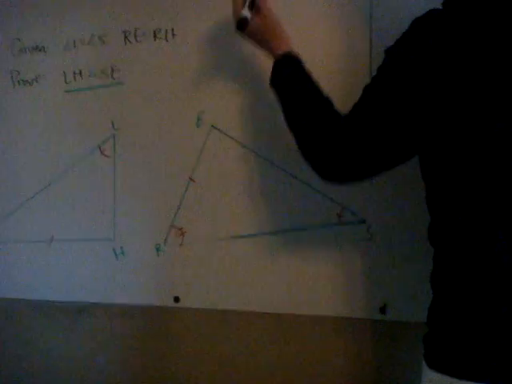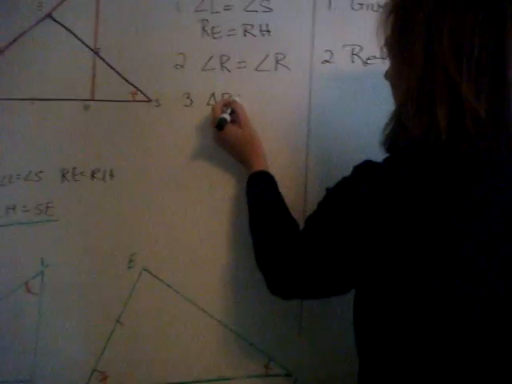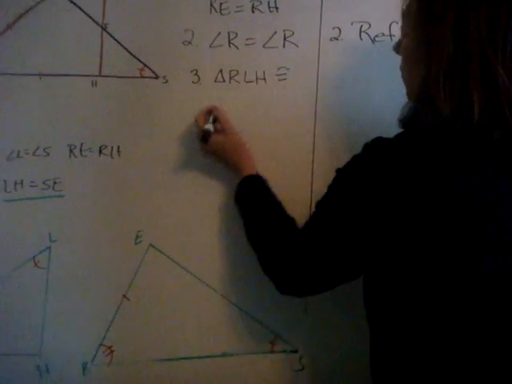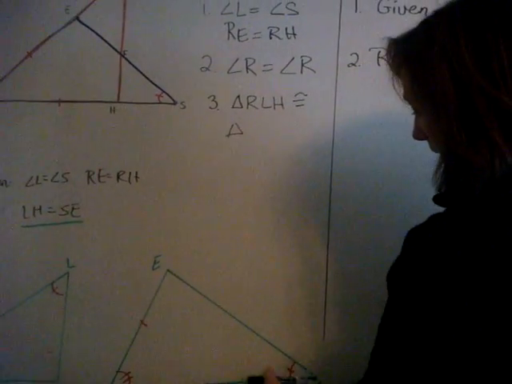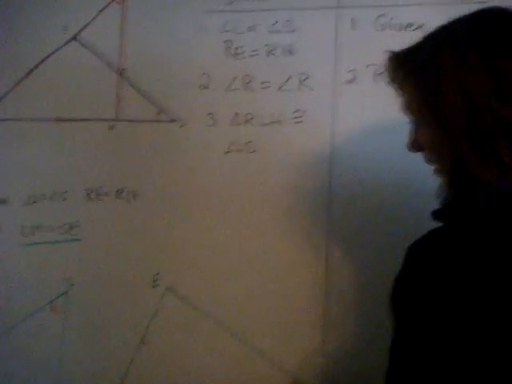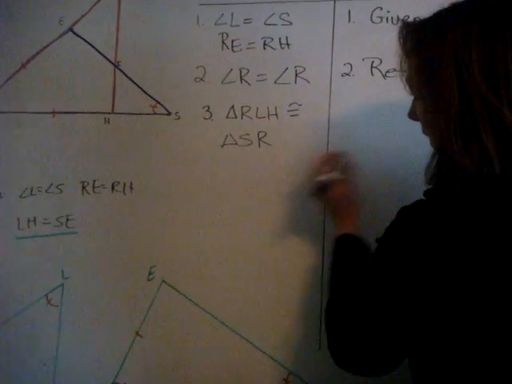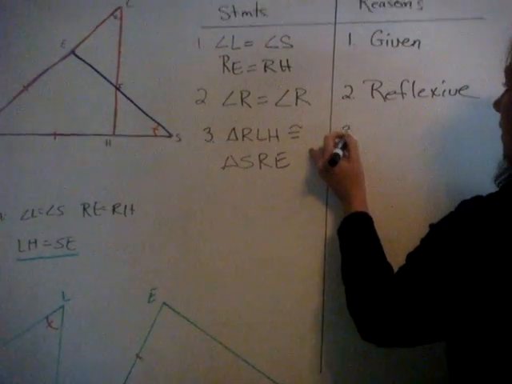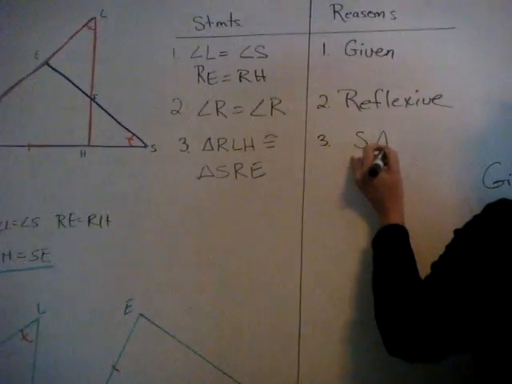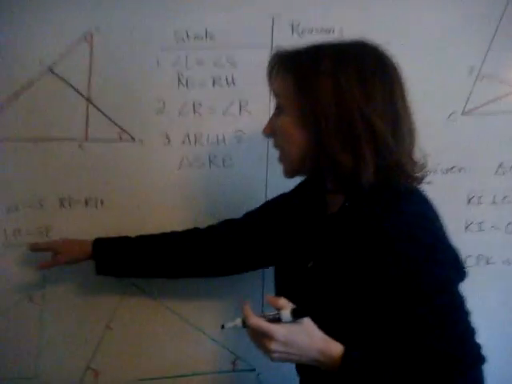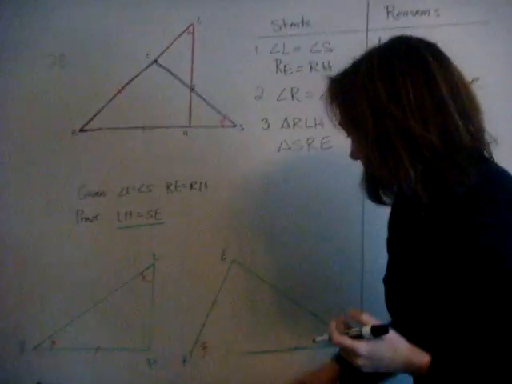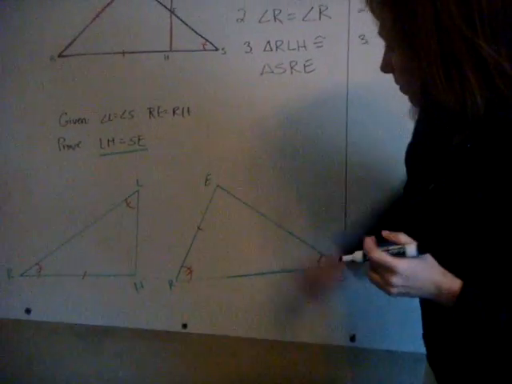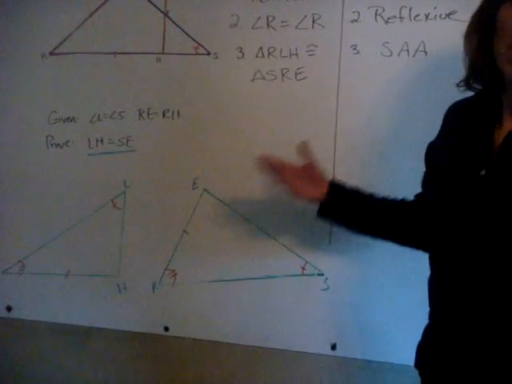So R goes with S, so R, LH is congruent to triangle S, R, E. And the reason for that is side, angle, angle, or angle, angle, side. But they want us to say that LH is equal to SE. Mine don't look the same, but they are.